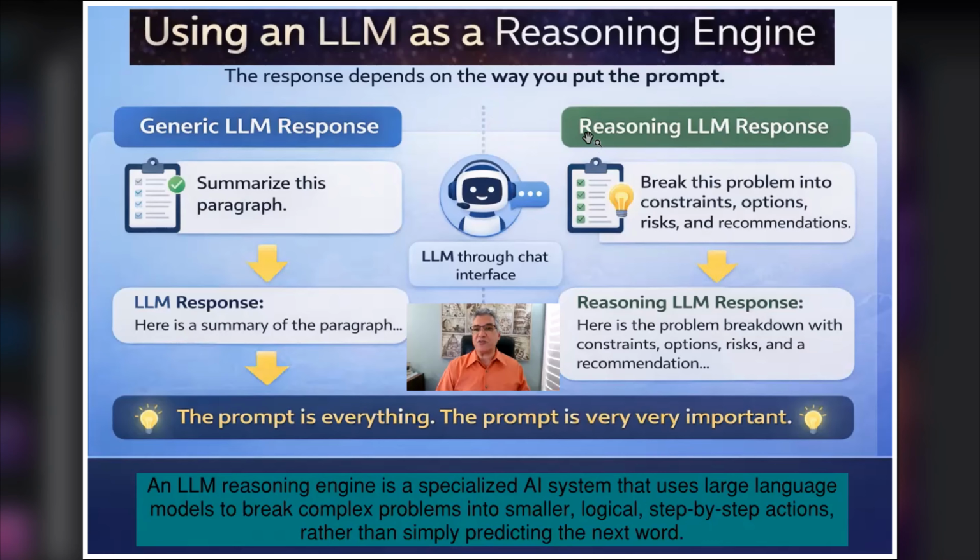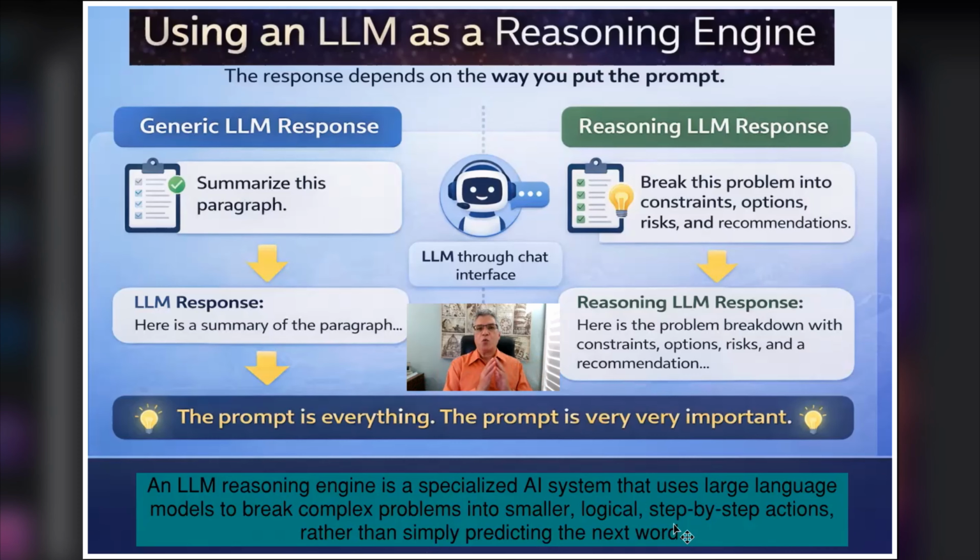But when it comes to the reasoning LLM response, if you provide a very good prompt, then the model itself will go through the LLM reasoning process. The LLM reasoning engine is a specialized AI system that uses a large language model to break a complex problem into smaller logical step-by-step actions rather than simply predicting the next word. What does it mean?